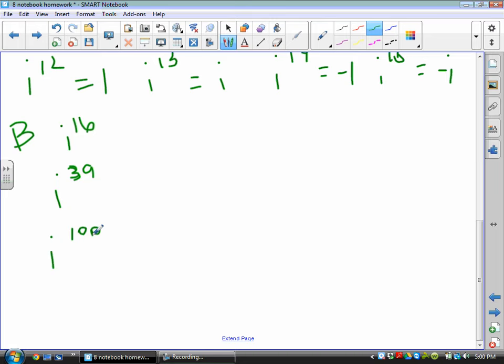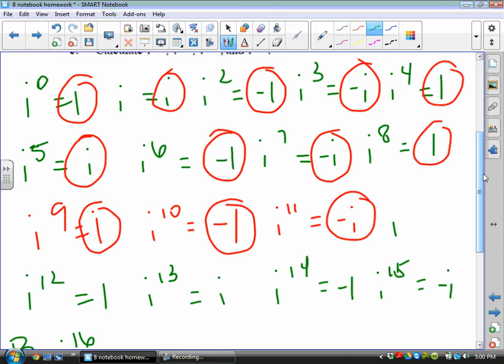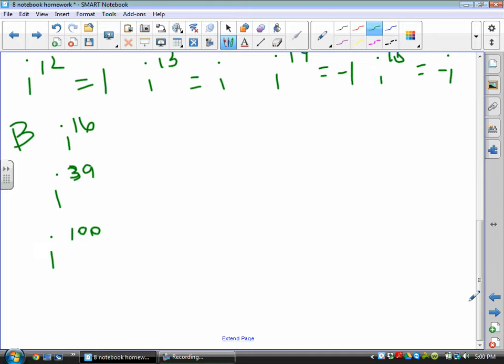So notice that this pattern is repeating every 4 times, right? I to the 0 and i to the 4th are exactly the same. I to the first and i to the 5th are the same. It's 4 spaces in between them. So if I have a multiple of 4 as my exponent, that's really going to be like i to the 4th, basically, right?